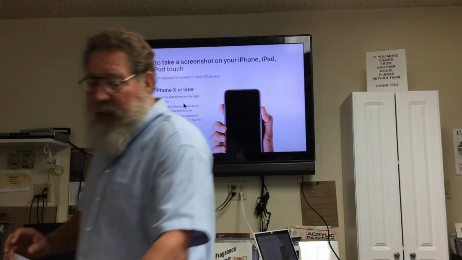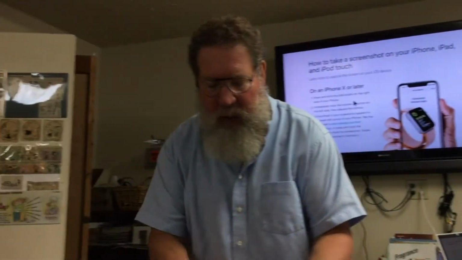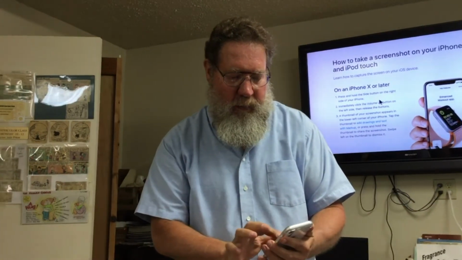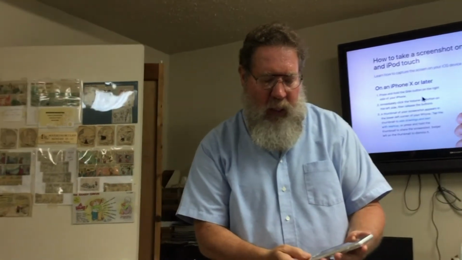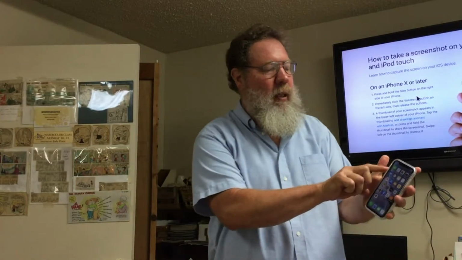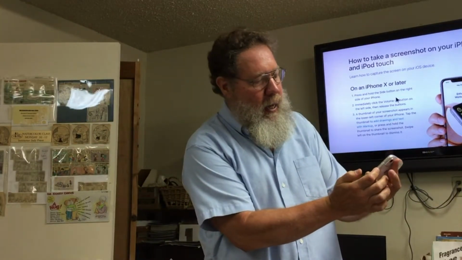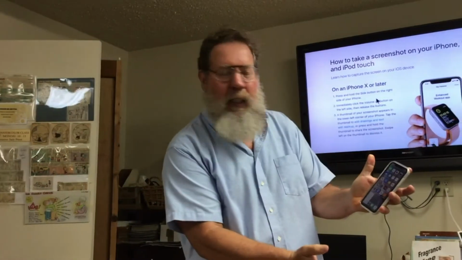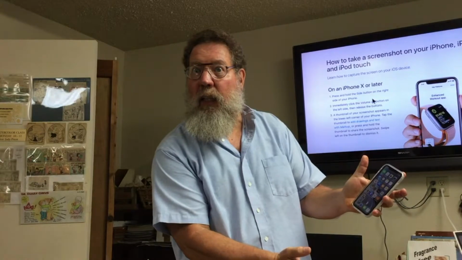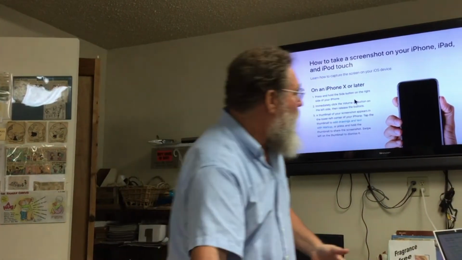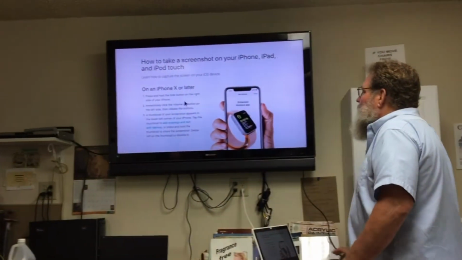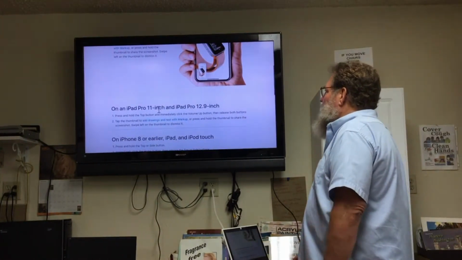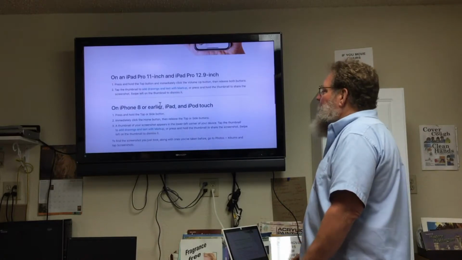So on this phone here, if I want to get a screenshot, basically it's the volume up button, which is over here, and the side button here, and it takes a little picture of the screen, okay? So, anyway, if you have an Apple phone, it tells you how to do it with an iPhone 10 or later, or how to do it with an iPad Pro, 11 inch is different, or an iPhone 8 or earlier.